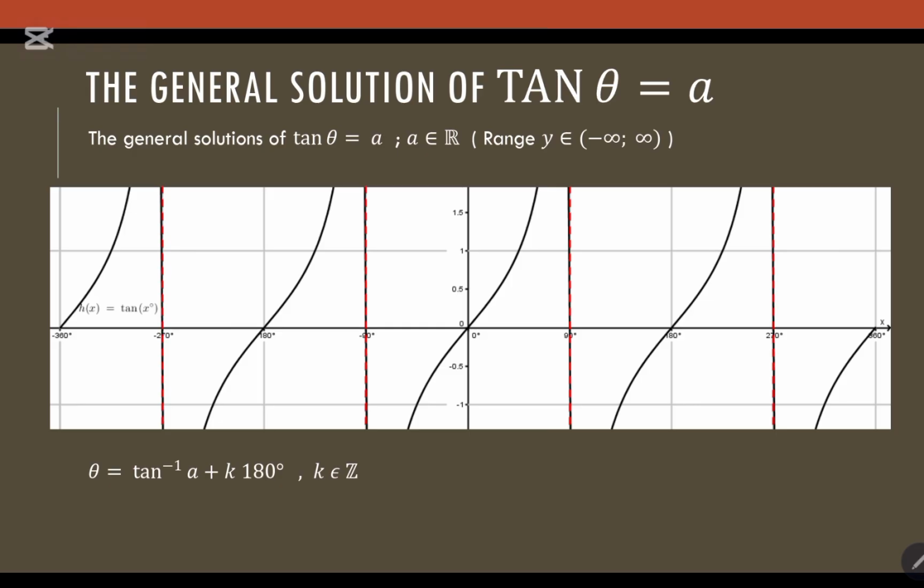The last one is the tangent. So this is the rule for the tangent. You simply find the arc tan of the given number a, and since the range of the tangent is from negative infinity to positive infinity, it doesn't matter, there will forever be an intersection.